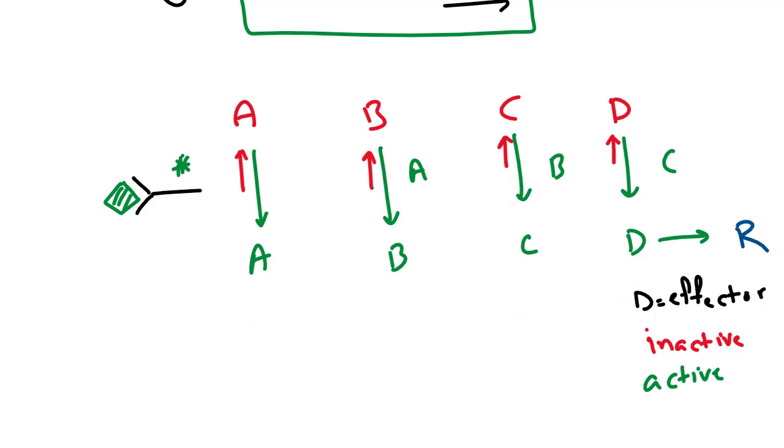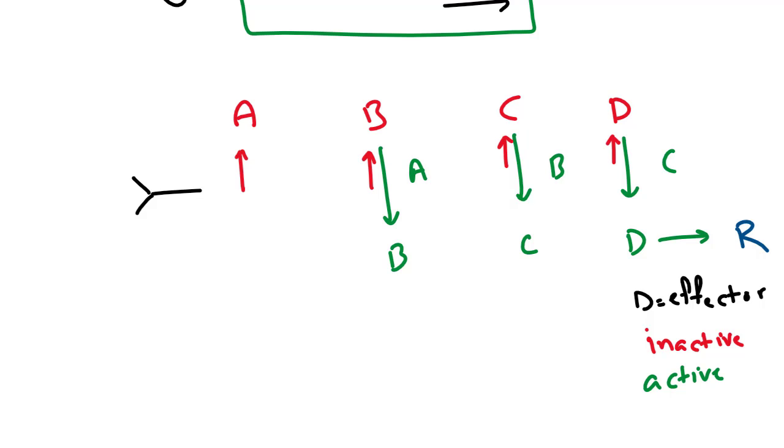Now, once the receptor is unoccupied, meaning that the signaling molecule is no longer bound, the receptor is no longer active, well then this arrow disappears. And the only process that is active for A is the process which is inactivating A. So active A concentrations go down.